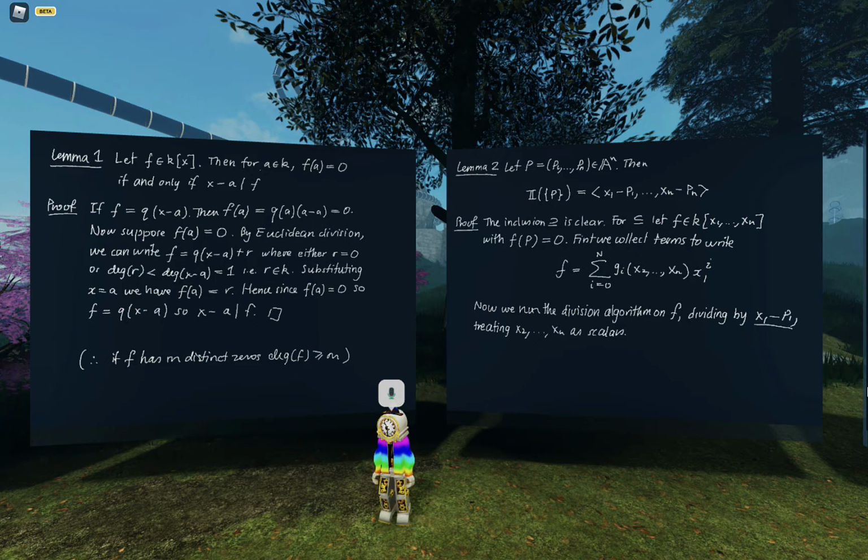All right, well, the first step is to write out f as gn x1 to the n, that's the highest term, plus gn minus 1 x1 to the n minus 1, and so on.